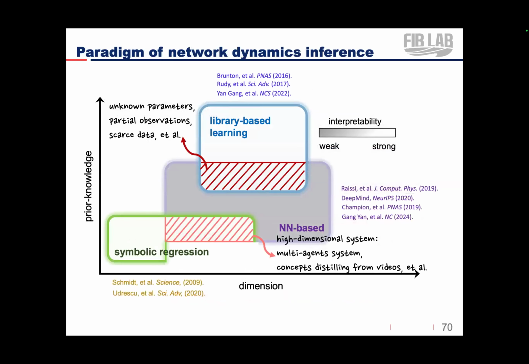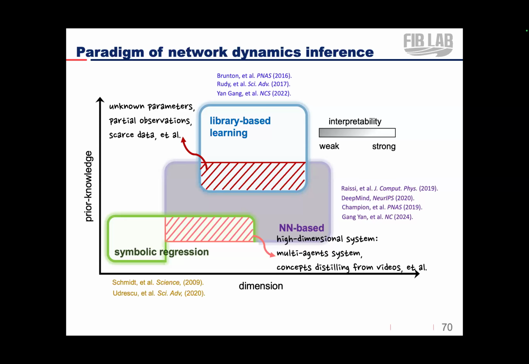So for network dynamics inference, there are mainly three paradigms. For the library-based method, they use sparse regression to select key terms from a predefined function library, blending domain knowledge with data.